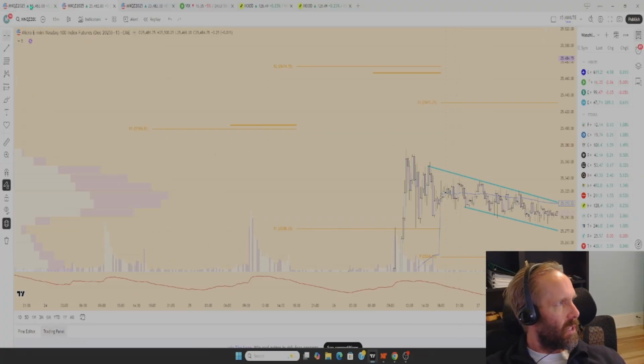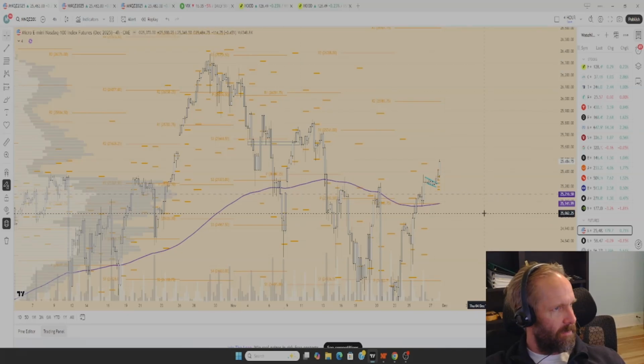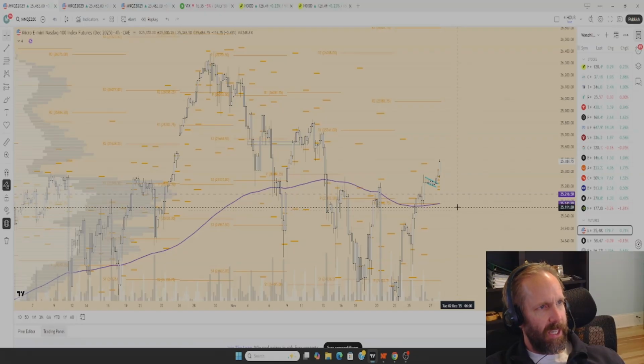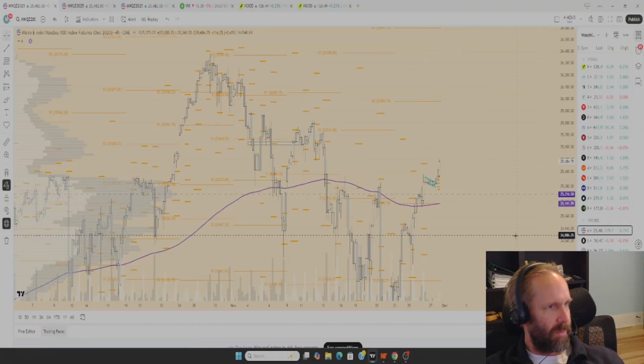Well, the overall time frame right now is bullish because price is above that EMA, and price has a tendency to keep doing what it's been doing. So if it's been going up, it has a tendency to keep going up.